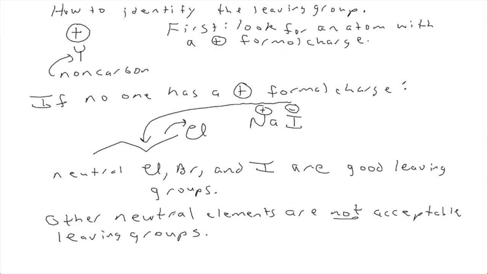But normally you should assume that neutral elements are not acceptable leaving groups unless you've specifically learned otherwise. These are the only ones that come up a lot that are good leaving groups. Okay. Let's try to see why that is. Try to do this example on your screen. Draw the product from this reaction.